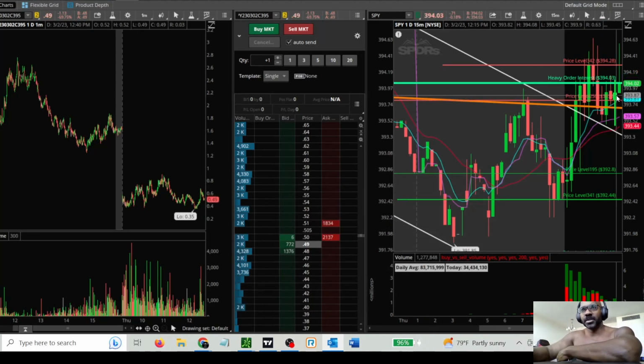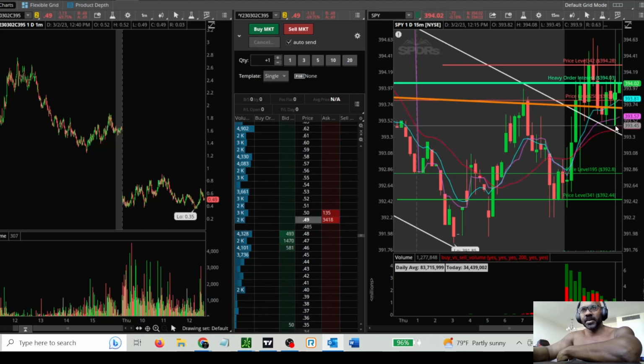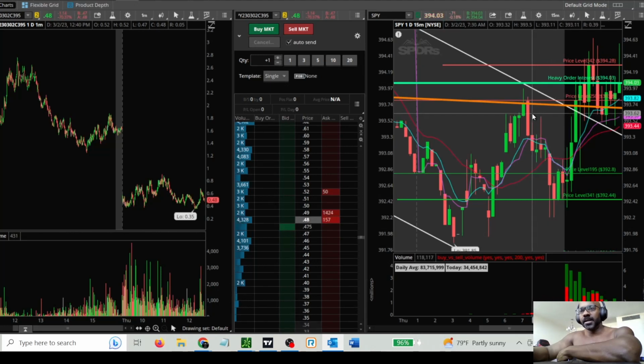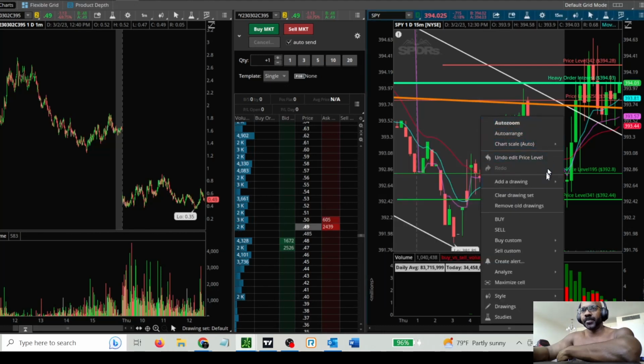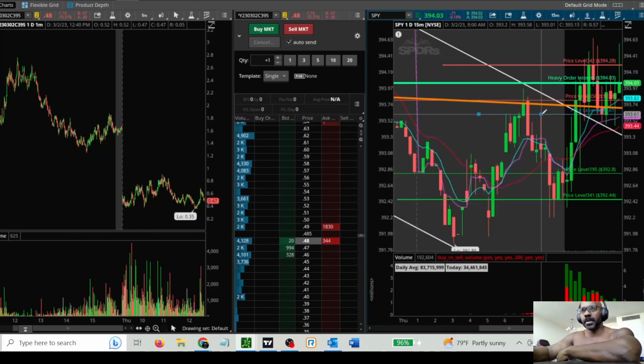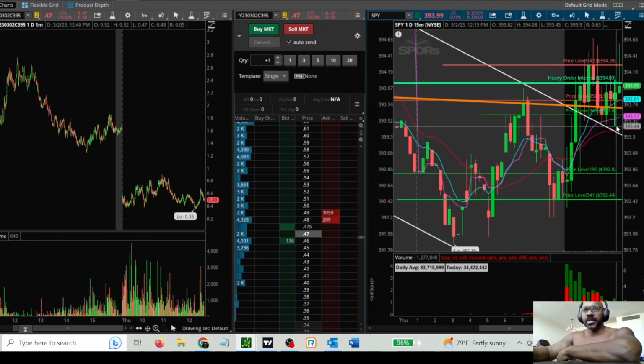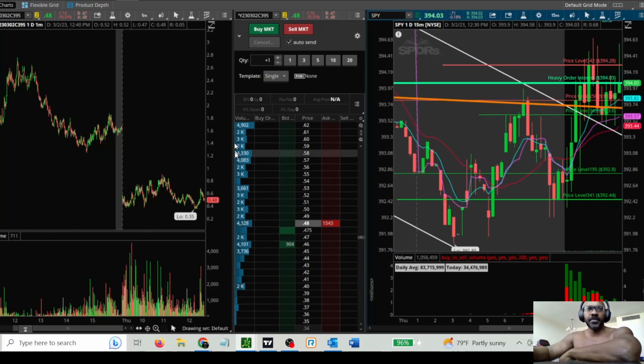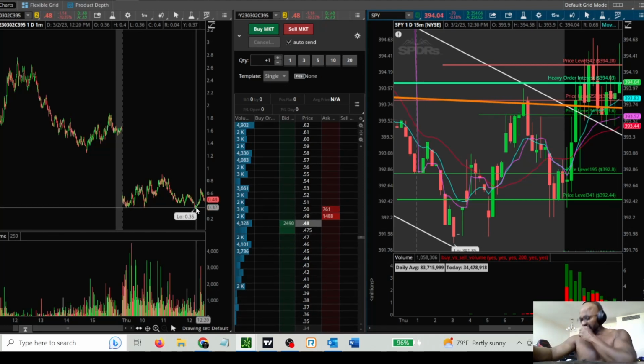So when I was in the shower, we dipped down once again towards this area. We formed a 50-minute demand here. I suppose I should probably mark it. And then we had a flush down below, a retest of that demand, quick breakdown, which brought us to about $35.